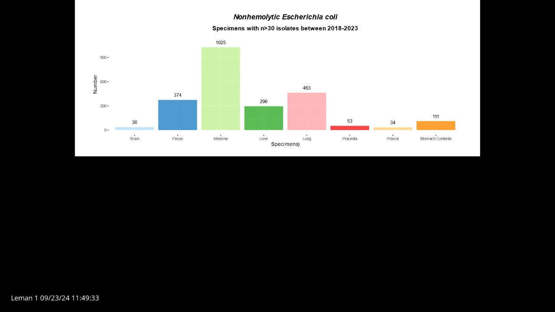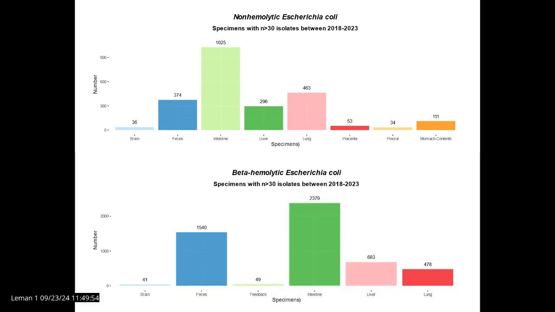We do have some systemic sites, liver, lung, there's a few brain here. And you'll notice that there's stomach contents and placenta here, so E. coli can be associated with abortions, and so there's a fair number of them that are popping up. Again, this is a 6-year period, and we've got roughly 160 or 170 fetal samples that would be represented there.